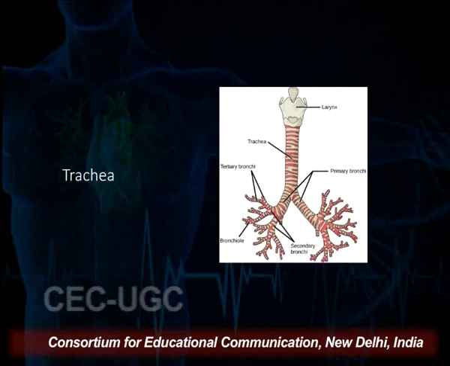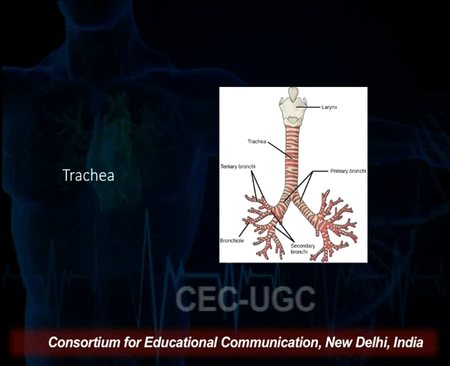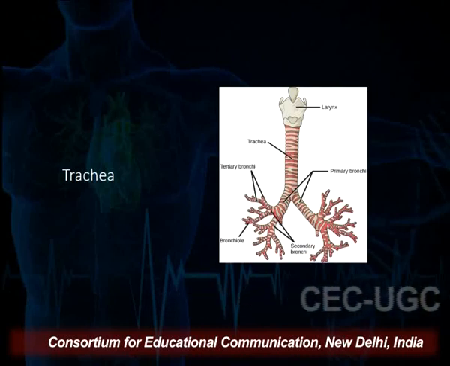The trachea or the windpipe rises below the larynx and moves down the neck. The walls of the trachea comprise C-shaped cartilaginous rings which give rigidity to the trachea and maintain it by keeping it from completely collapsing. The trachea extends further down to the breastbone and splits into two bronchi, one for each lung.